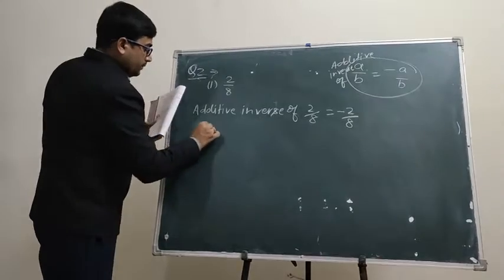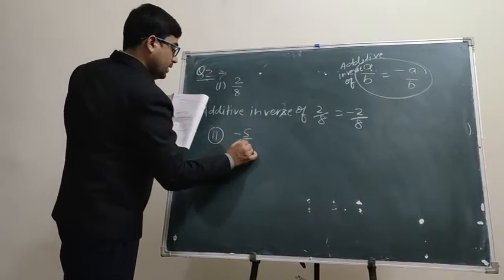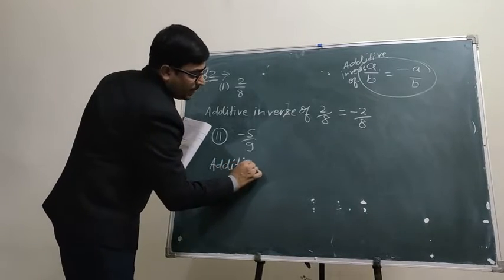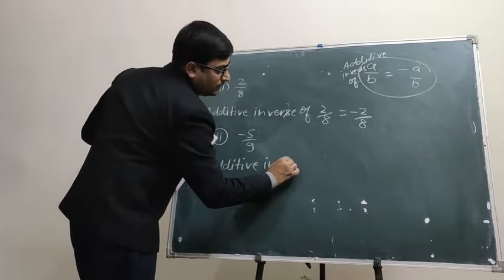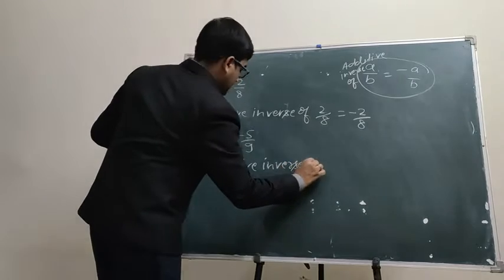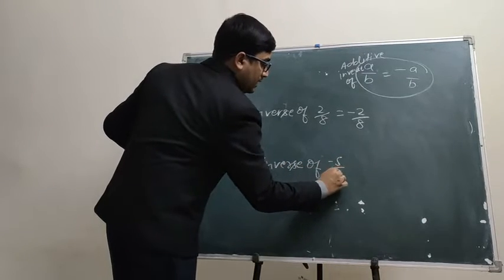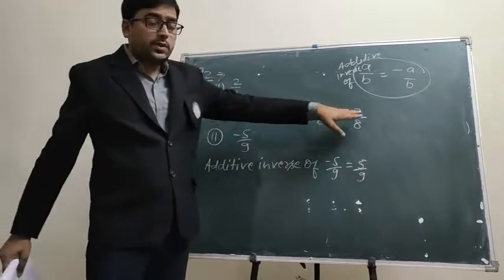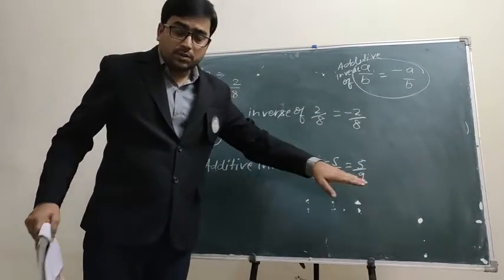Second question, minus 5 by 9. Again you write additive inverse of minus 5 by 9 is equal to 5 by 9. What we observe? Positive number becomes negative and negative number becomes positive.